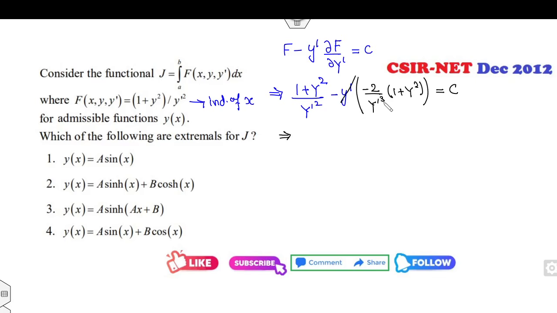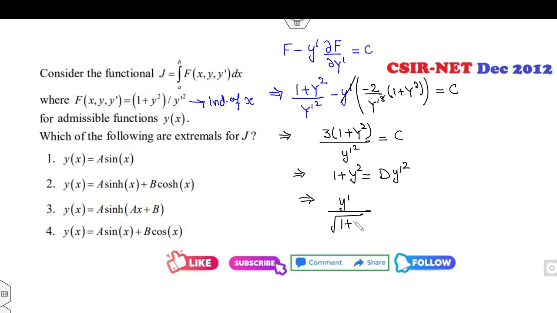You can see one value will be cancelled out. y dash squared will be the LCM. 2 plus 1 is 3. 1 plus y squared upon y dash squared is c. I can take c over 3 as another constant, d. So y dash over 1 plus y squared is another constant called d.